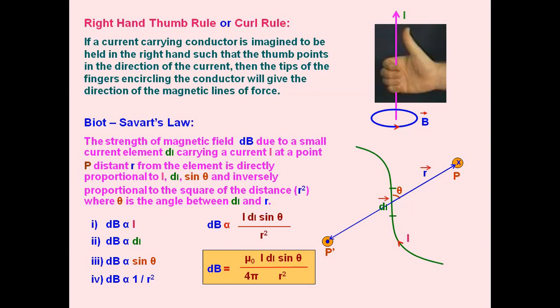What we can write here, here we have I dl sine theta. So if we write this I dl sine theta in vector form, we can write it as I dl vector cross r vector.